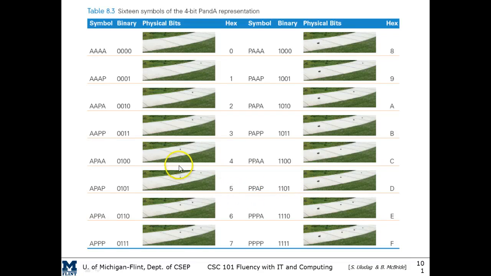For example, the binary pattern of 0 1 0 0, representing absence, presence, absence, absence of our stones on the sidewalk, represents a hexadecimal value of 4. Whereas a pattern of 1 0 1 0, presence, absence, presence, absence, represents a hexadecimal value of A.